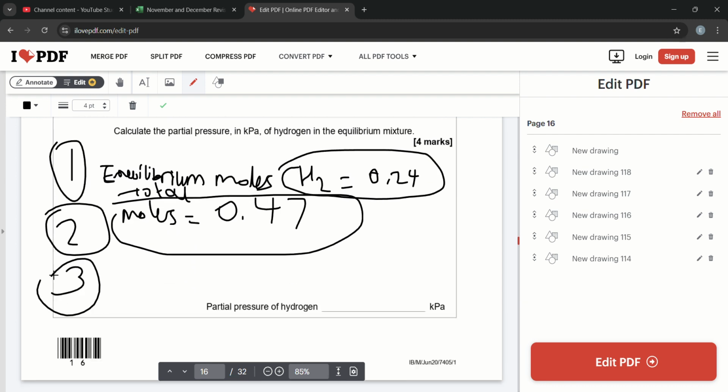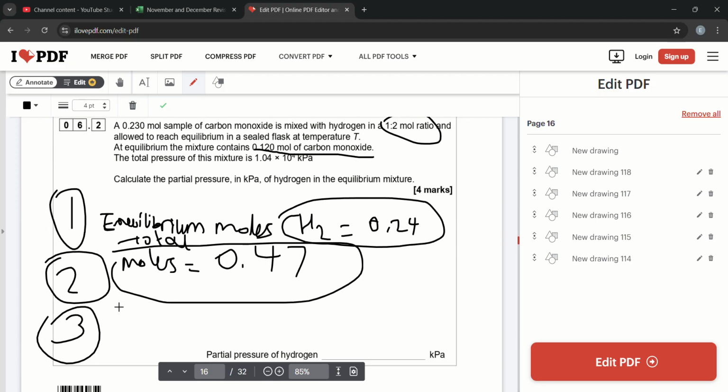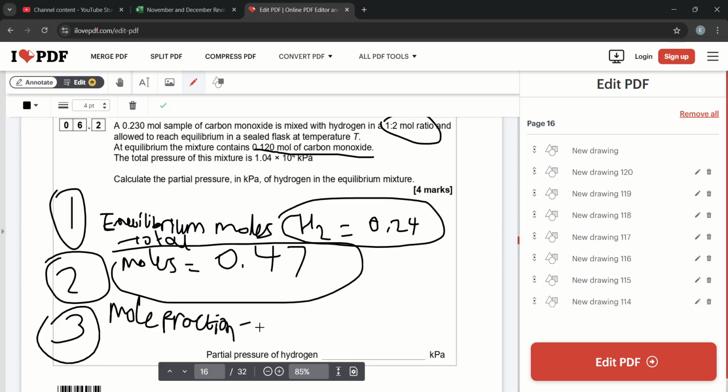Now you can find out the mole fraction of hydrogen, because we're just trying to find the partial pressure of hydrogen. So the mole fraction is going to be 0.24 over 0.47.